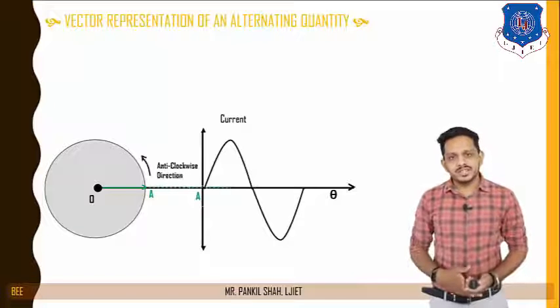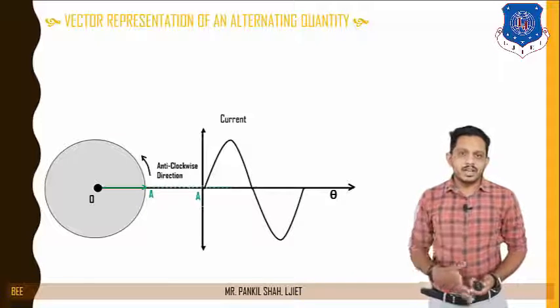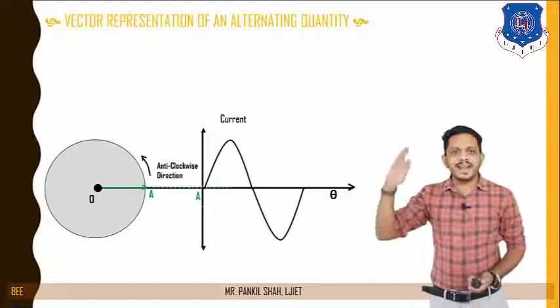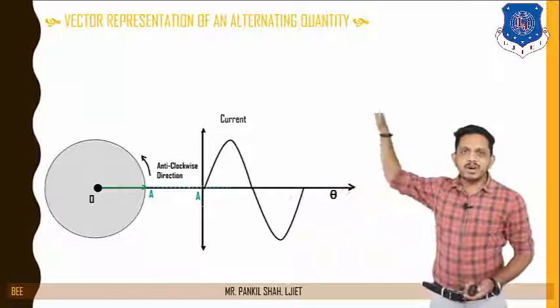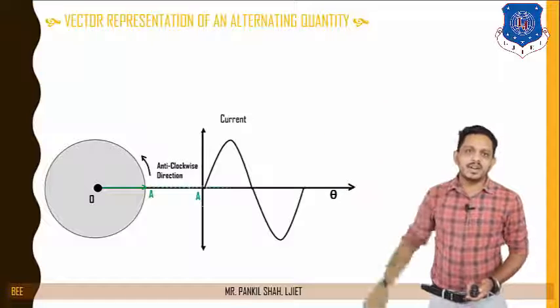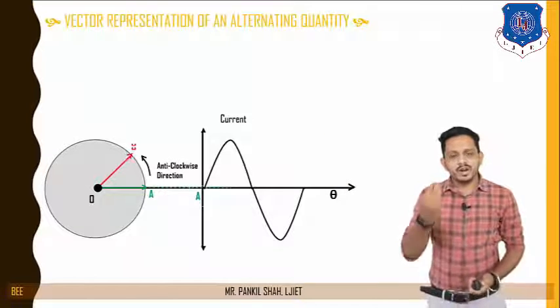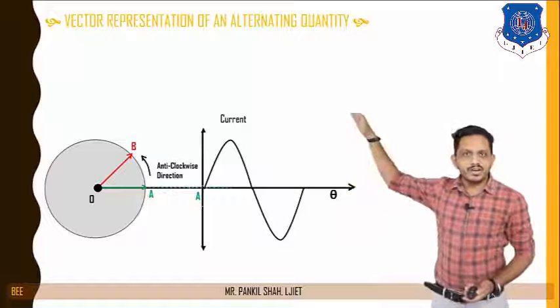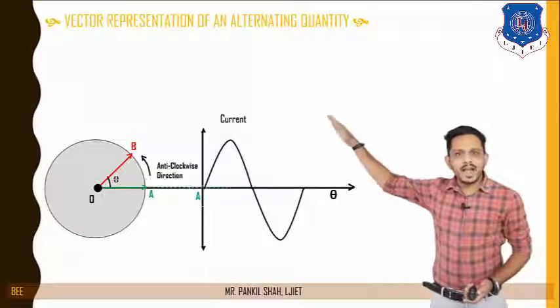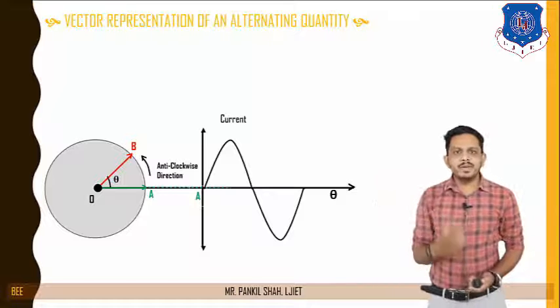Now let's consider another point. If our coil is rotated anti-clockwise from this OA position, for example, let's say the coil is rotated by some angle theta to point B, then there will be an OB vector.